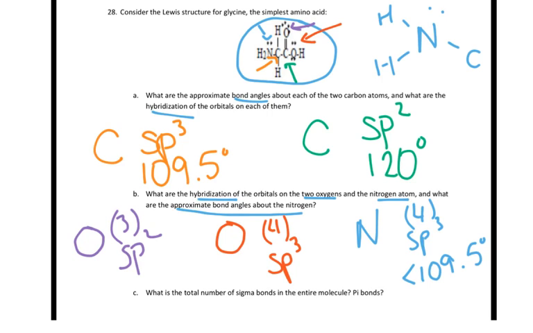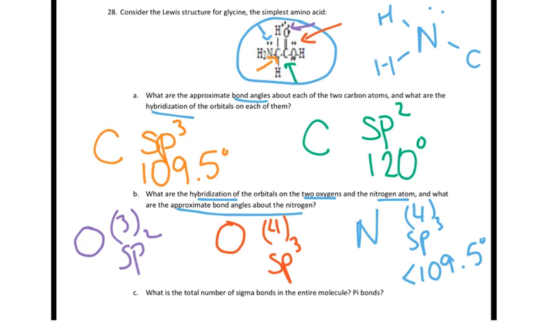So we have nitrogen that's attached to 2 hydrogens. There's 2 bonds. That nitrogen is attached to a carbon. That's a 3rd bond. So right now we're at 3 sigmas. That carbon is attached to 2 hydrogens. There's 2 more sigmas, so now we're at 5. That carbon's also attached to another carbon, which is another sigma, so now we're at 6.